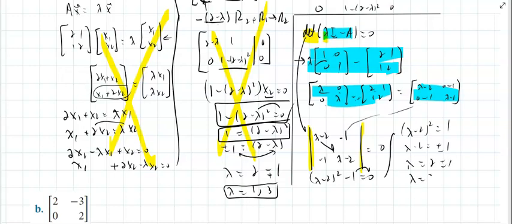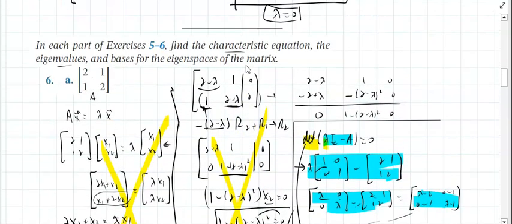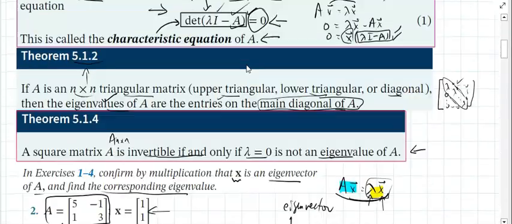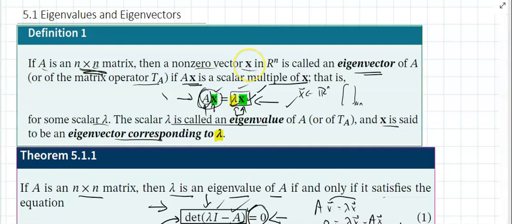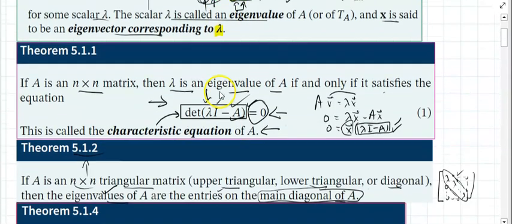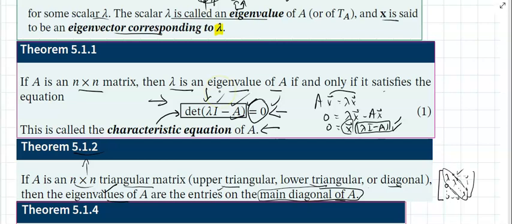Lambda will equal a 3 or a 1. Now, what you do after that is the same for both. It doesn't matter. But the key is, instead of solving this, which is a lot of work, we're going to be solving this, and that's going to give us the eigenvalues. Now, we're going to do this on almost every problem in 5.1 and 5.2.